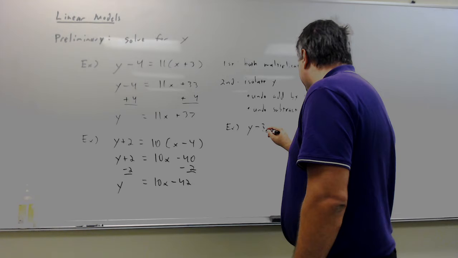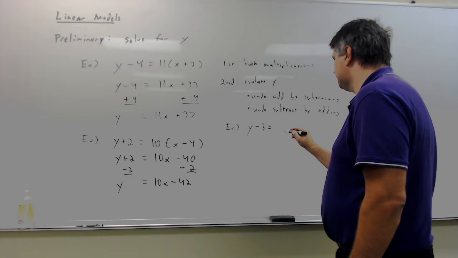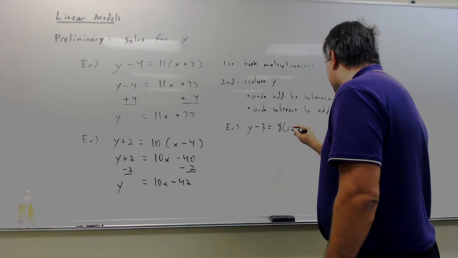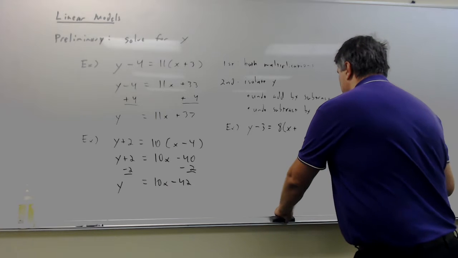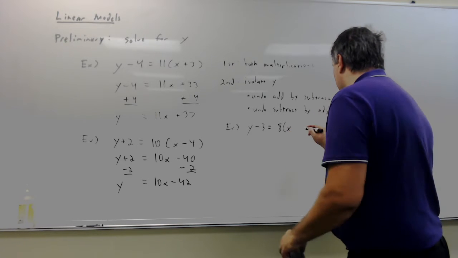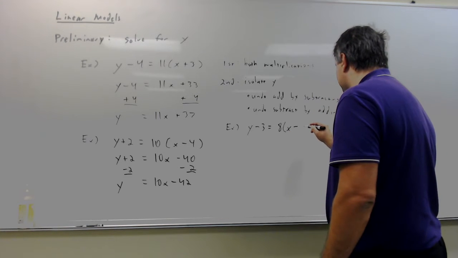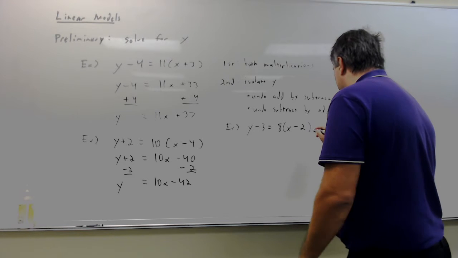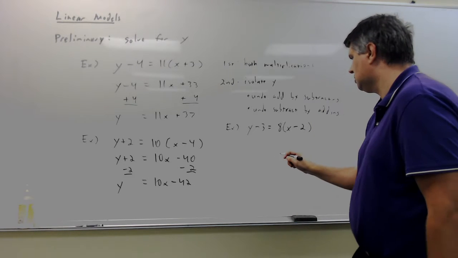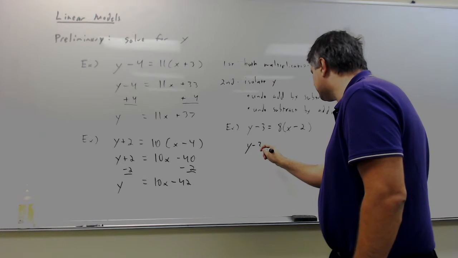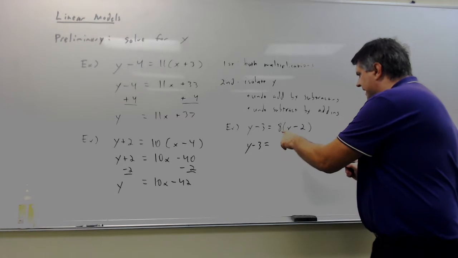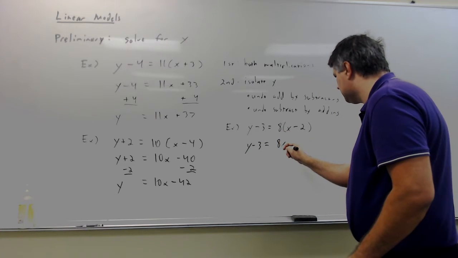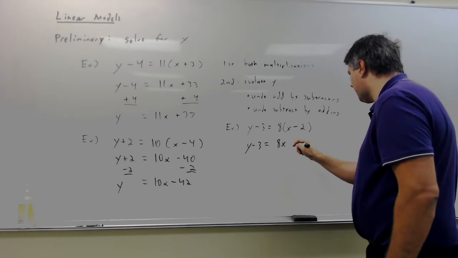Here's another example. y minus 3 equals 8 times x minus 2. So y minus 3 is going to be left alone. That's 8 times x, and 8 times minus 2 is minus 16.